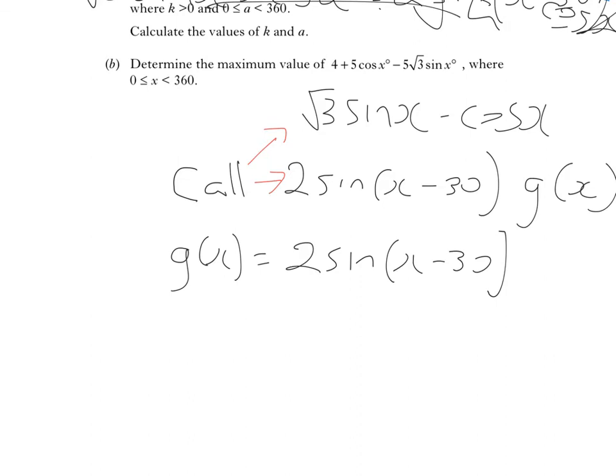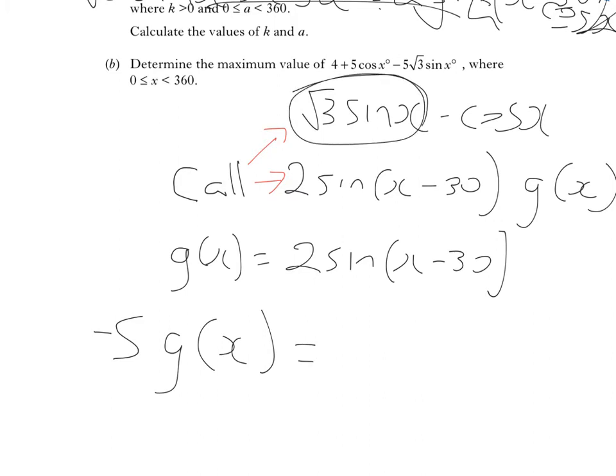Now if I then transformed that function and multiplied it by minus 5, then you can see now that root 3 sin x would become minus 5 root 3 sin x, and minus cos x would become plus 5 cos x.